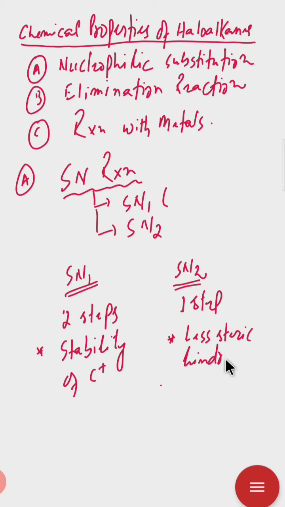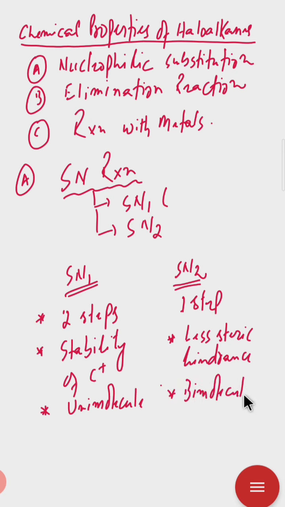Less steric hindrance means there must not be bulky alkyl groups. So these are the two points. SN1 is a unimolecular nucleophilic substitution reaction, and SN2 is a bimolecular reaction.